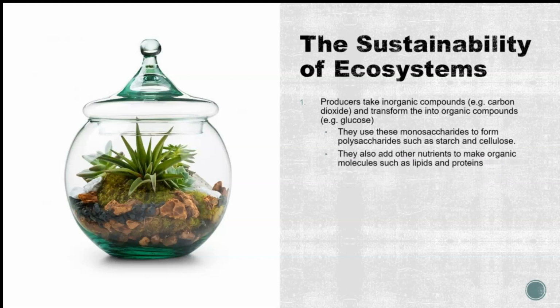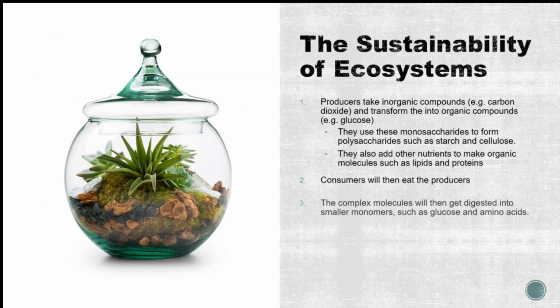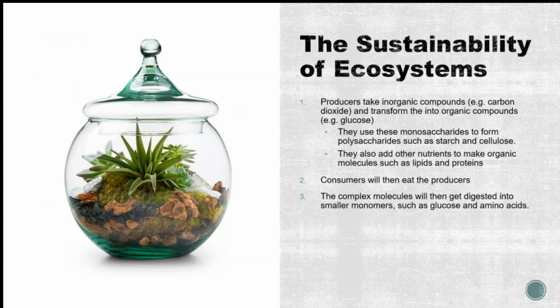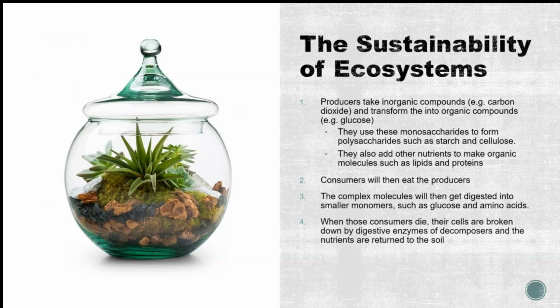They also add other nutrients to make organic molecules such as lipids and proteins. You see how this is all coming together now. Consumers then eat the producer, and the complex molecules then get digested into smaller monomers such as glucose and amino acids, whichever the consumer requires. Now, when the consumer dies, their cells are then broken down by digestive enzymes or decomposers, and the nutrients are returned to the soil.